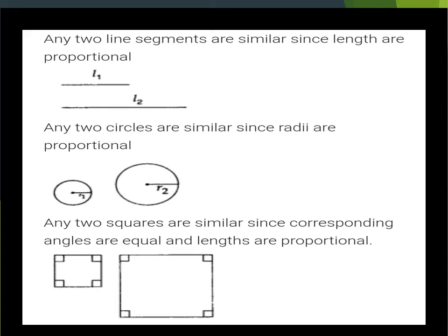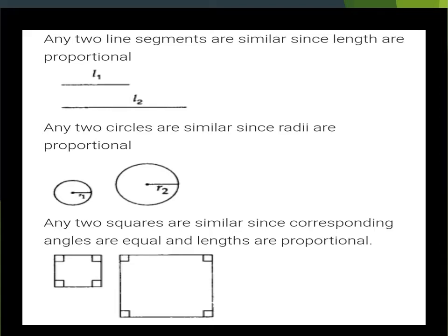So, however many times I compare the radius of the first circle with the radius of the second circle, the ratio is going to be the same. Why? Because the radii are proportional. For example, if the radius of the first circle is 2 cm and that of the second circle is 5 cm, in whichever way I consider, it is going to be 2 by 5 every time. So, what can you say from this? Any two circles are similar.